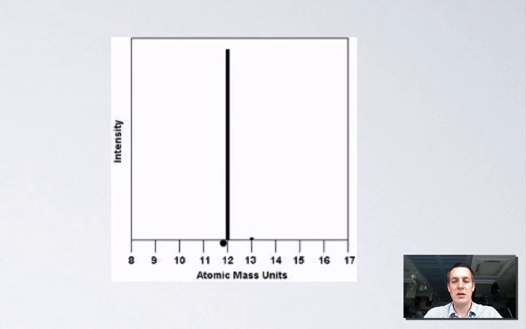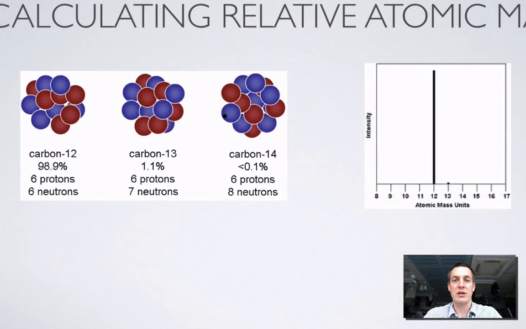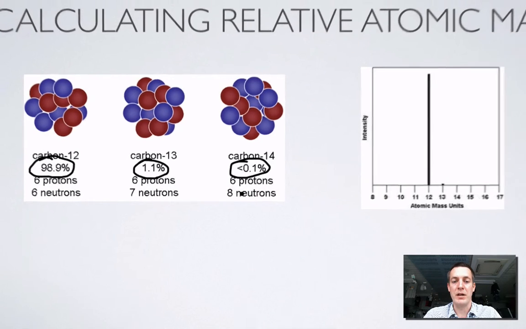We can see that there would be a very high intensity at a mass charge ratio or atomic mass unit of 12, a very small peak at 13, and although we can't really see it here, a very, very tiny peak at 14. That's because carbon has 3 different naturally occurring isotopes, and we can see here their percentage abundances. As well as that, we can see what's in their atoms, but we should be able to figure that out by now.